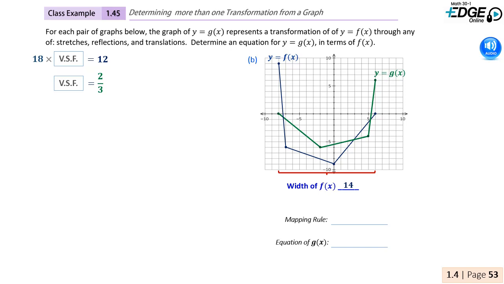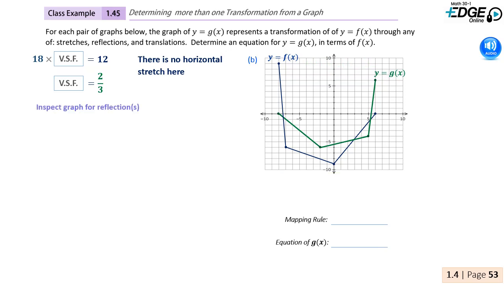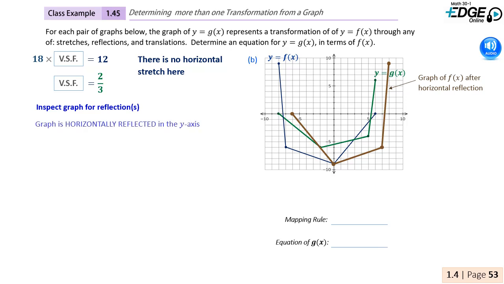Next, we analyze the width of both f of x and g of x. We find that in both cases, the width is 14. This means no horizontal stretching has occurred. We notice that the orientation of the graph suggests there's been a horizontal reflection. However, because both graphs open up, there's been no vertical reflection.